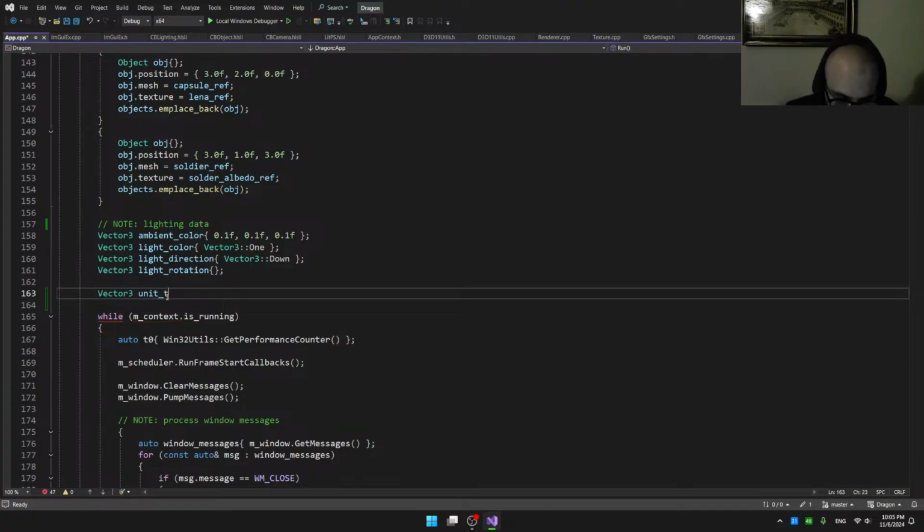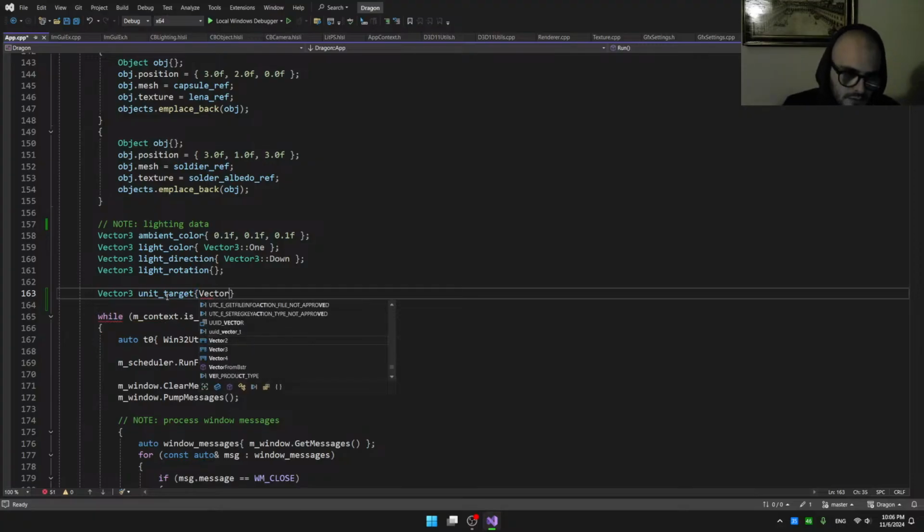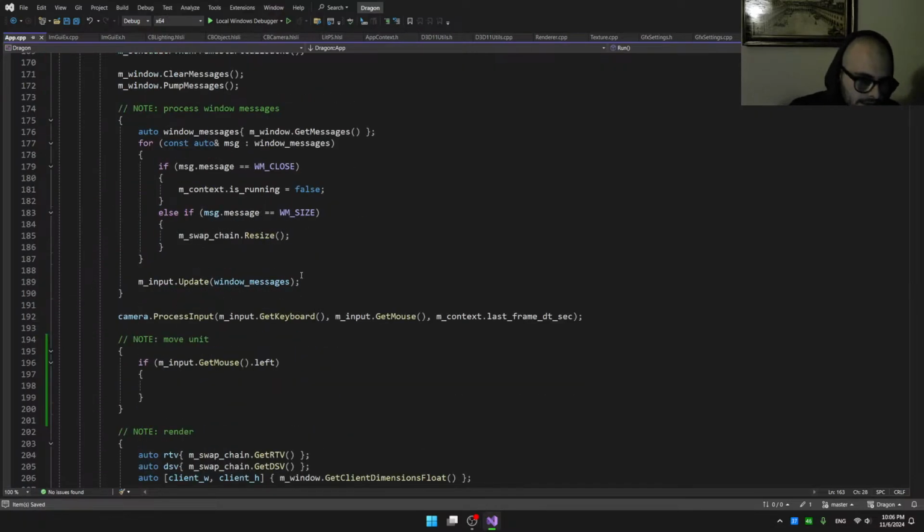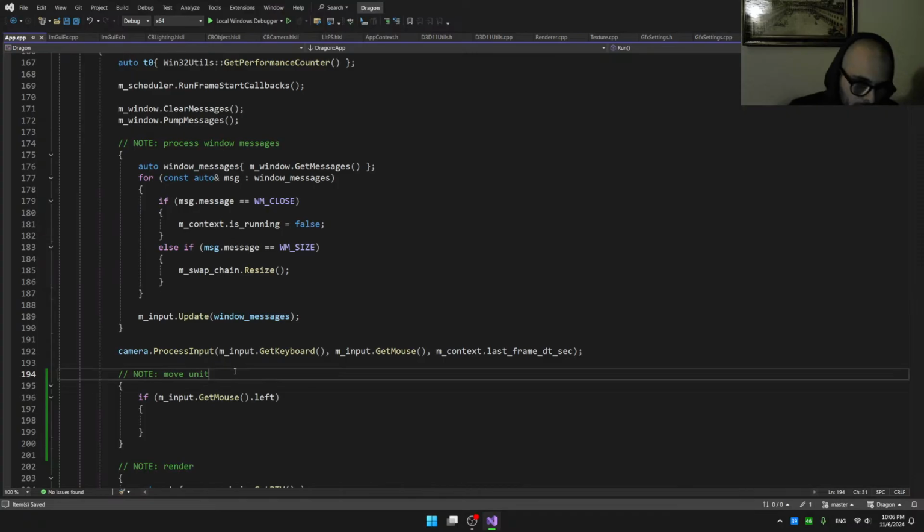Unit target, vector 3. Well, that's it. Unit target, move unit, make the unit follow the target.